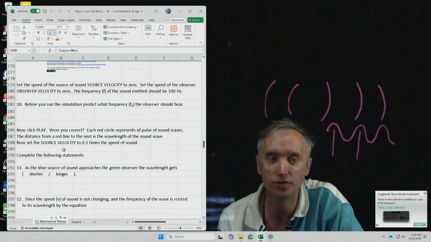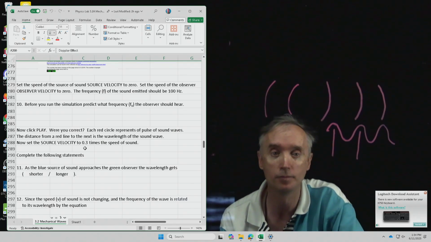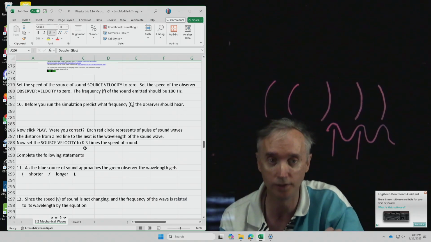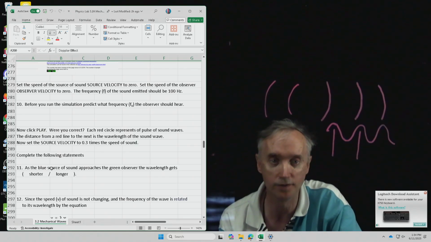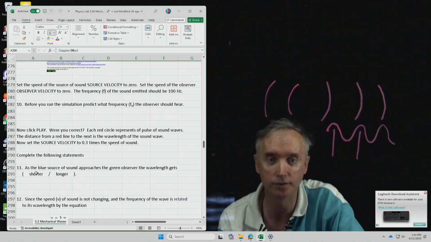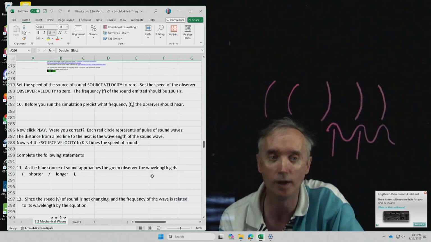Okay, now we're going to set the source velocity to 0.3 times the speed of sound, positive 0.3, and then complete the following statements. After you've run the simulation, answer this question. As the blue source of the sound approaches the green observer, what happens to the wavelength?